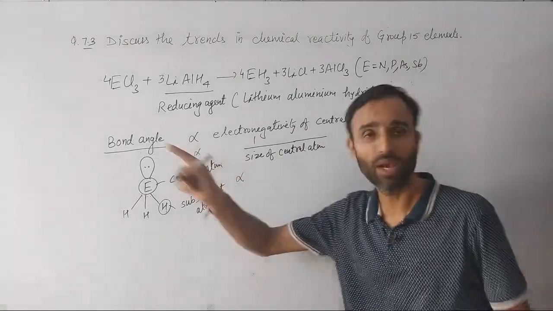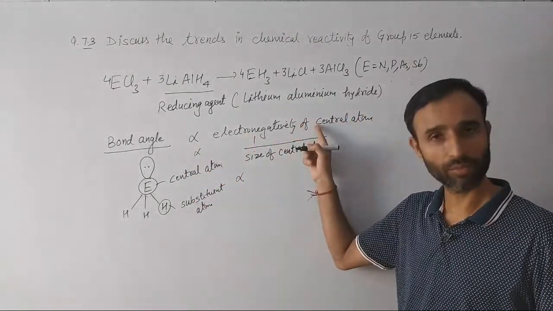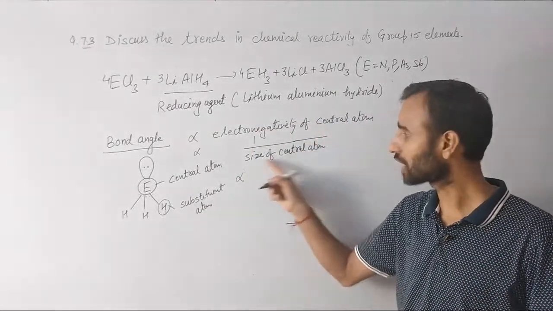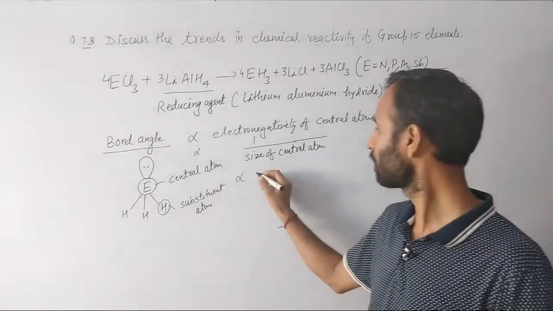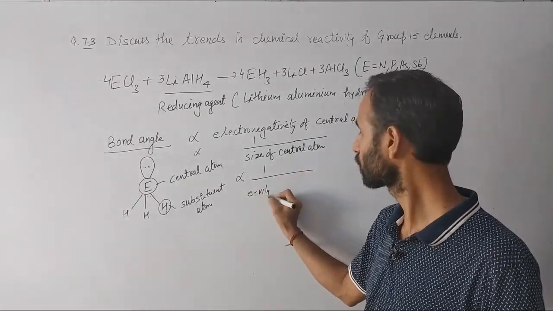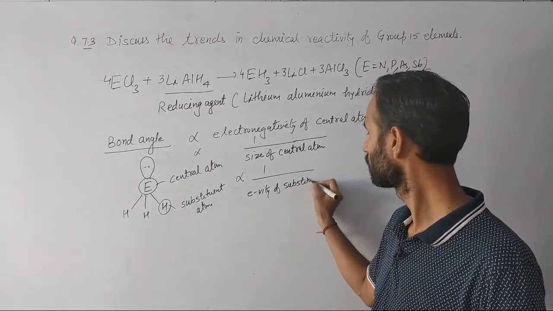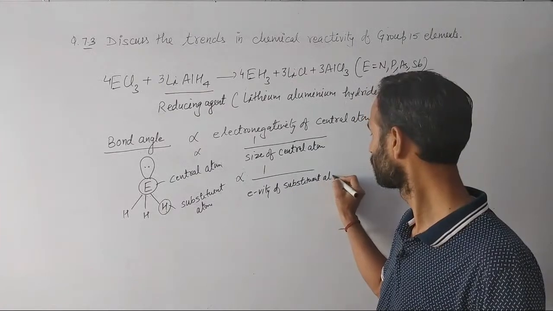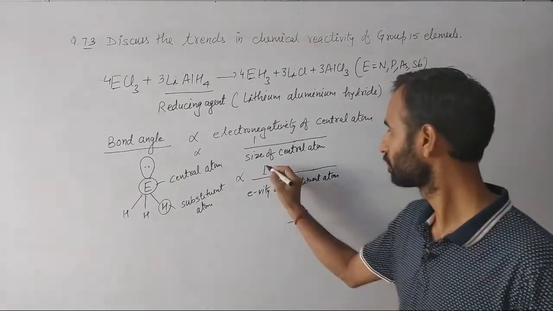So to have large bond angle, electronegativity of the central atom should be more and size of the central atom should be less, and at the same time it is inversely proportional to electronegativity of substituent atom.